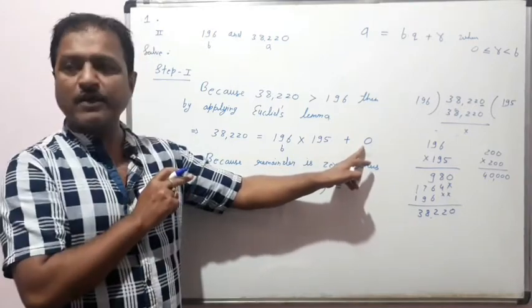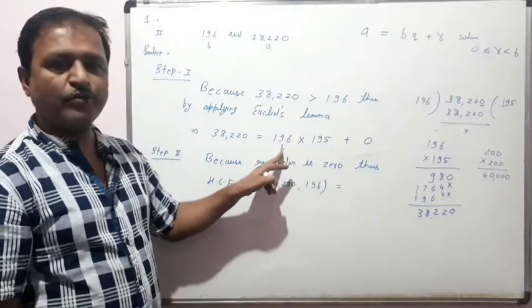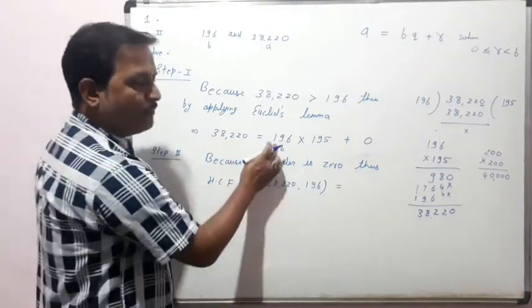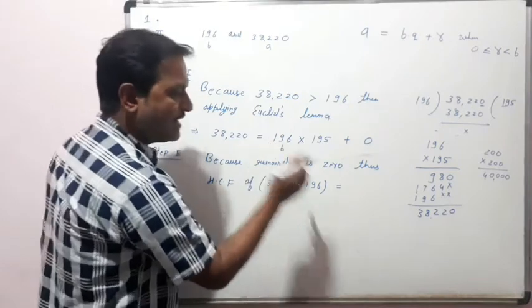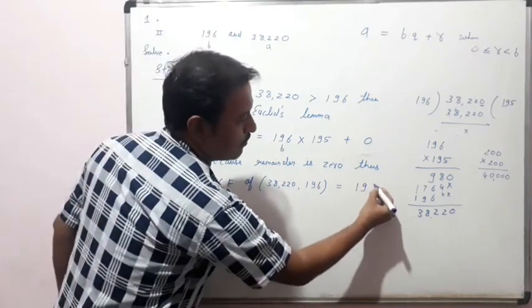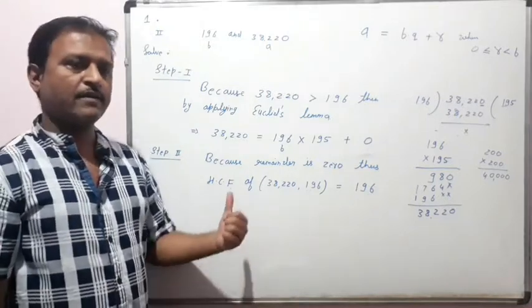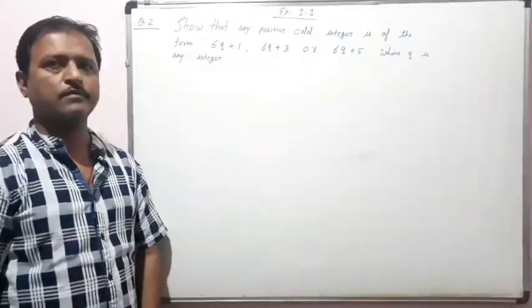In that particular step, whatever the value of B, that will be your HCF. So the value of B is 196, so our HCF is also 196, and that is your answer. Clear? Got it? Now you can note it.